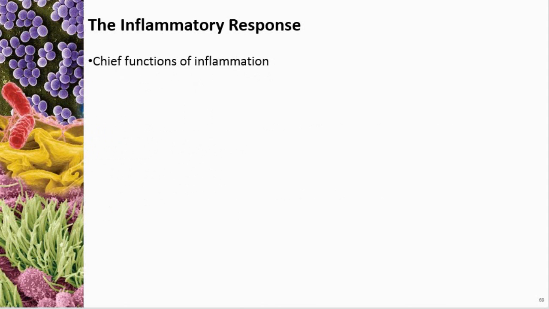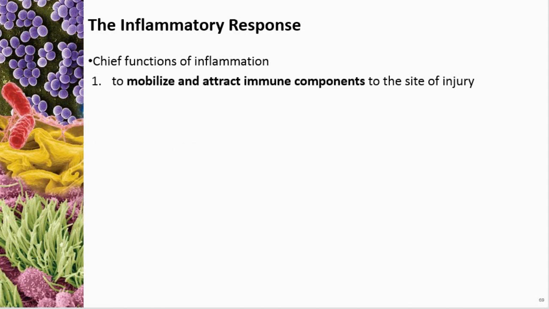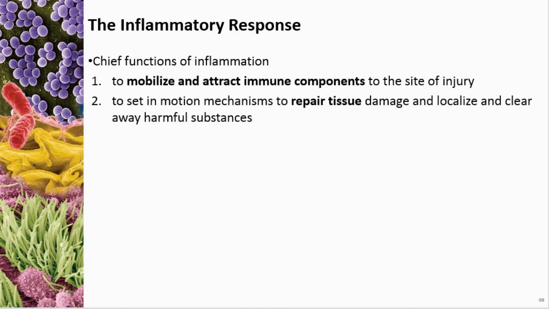So the primary reasons we have inflammation are to mobilize and attract the immune components to the injury site so that we can fight it off or repair it. So to repair the tissue damage by the actual repair cells, which would include phagocytes, it would also include fibroblasts and those sorts of things. To destroy microbes if they're involved and block their further invasion.